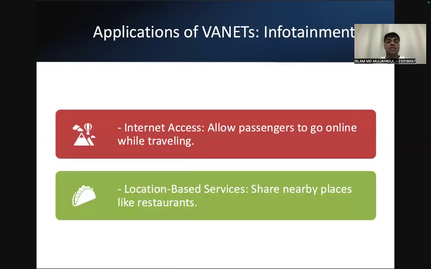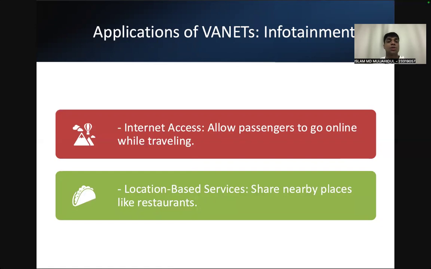Here I will discuss infotainment services. VANETs also make traveling more enjoyable and convenient by offering entertainment and helpful information. First, fast internet access. While on the road, passengers can connect to the internet to stream music, browse social media, or even work online.